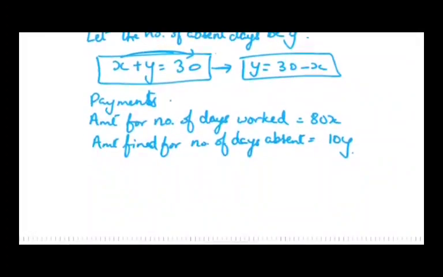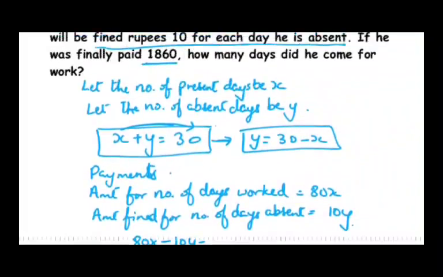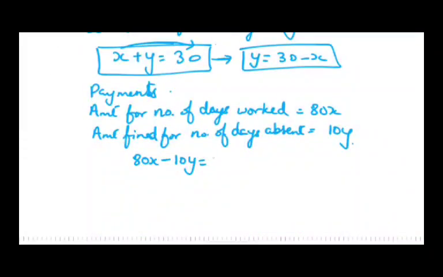Alright, so now he's going to earn 80x for the days he's present, and minus 10y, he's going to have less amount by 10 for each day he's absent. How much has he earned? 1860.